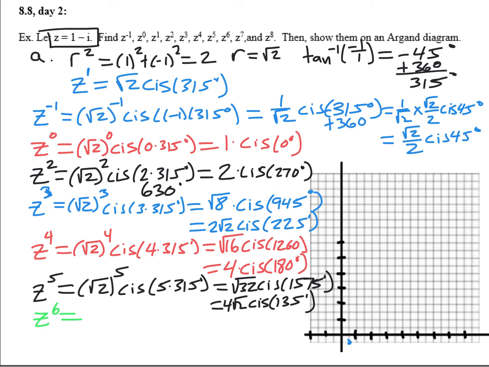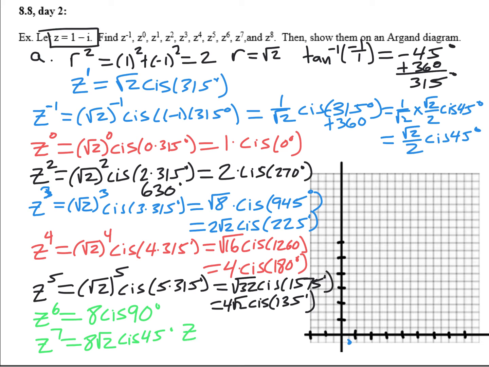And again, these last three will just be answers that you can confirm on your own. Z to the 6th, you should get 8 CIS 90. Z to the 7th is 8 square root 2 CIS 45.